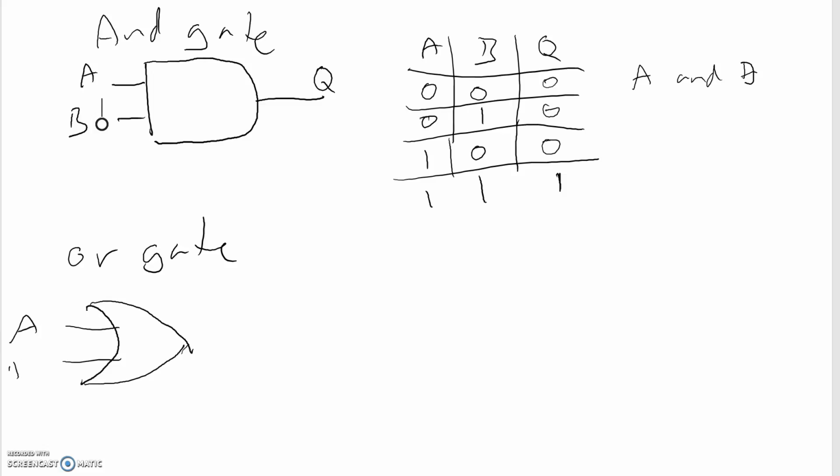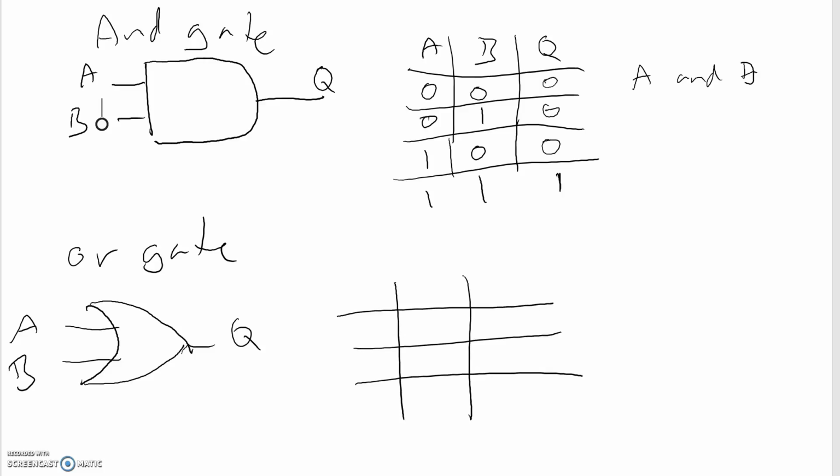Again, 2 inputs, A, B, and an output which could be called Q. So with the OR gate, what you have is, if one or the other is 1, then Q is 1. So 0, 0, this one is not, nor is this one, so Q is 0.